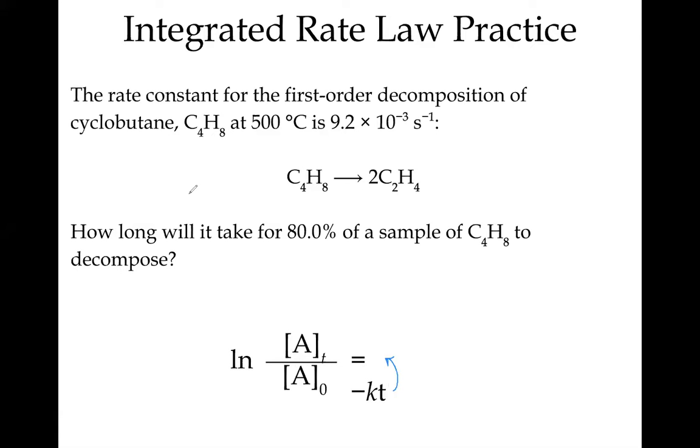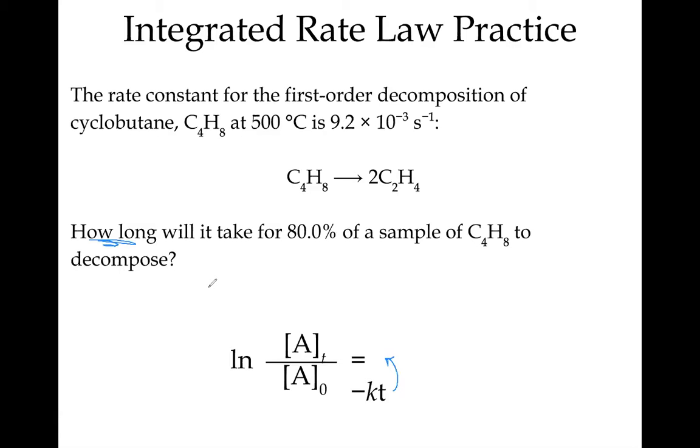And they're saying, how long will it take for 80% of a sample of cyclobutane to decompose? Now, in order to do this, you have to figure out what you're solving for. Well, we're going to be solving for t because it's saying how long, okay? And that's the giveaway. How long? So we're solving for t. Will it take for 80% of a sample to decompose?